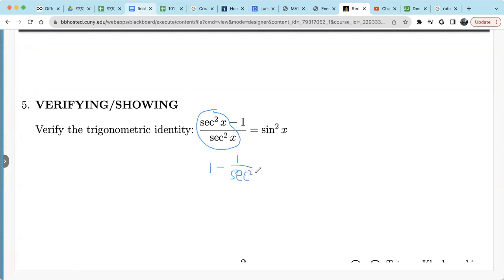Cosine, right? So simplify this. Secant square divided by secant square, we get 1. Then minus 1 divided by secant square, which is 1 minus cosine square. 1 over secant is cosine, so 1 over secant square is cosine square. 1 minus cosine square indeed is sine square. That's it. Okay, this one is very easy.